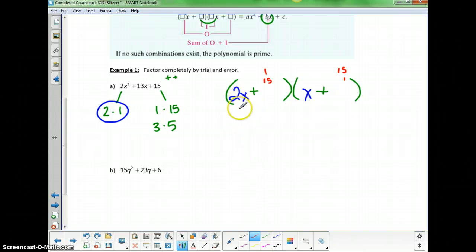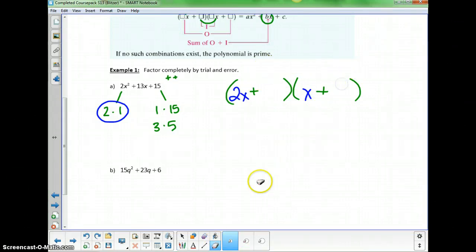It's actually different because the 2x plus 1 is different from the x plus 1. Okay, so let's go ahead and try one of those choices. I just want to say there are 4 things I have to try most before I find the one that works.